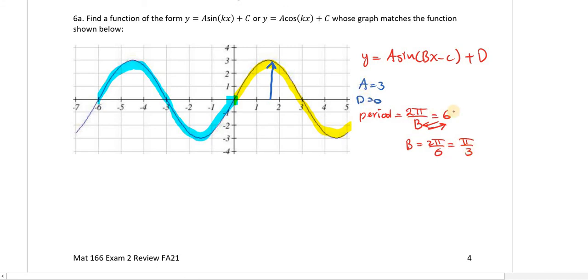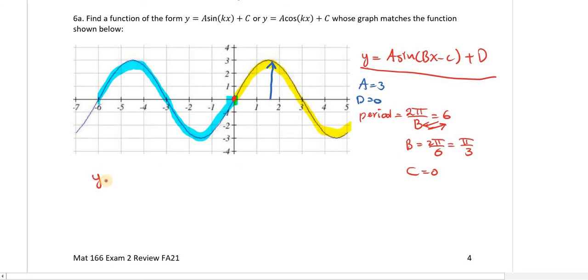I have a, b, I need c. Notice how the graph didn't move to the right or to the left, because I can recognize that this point is at the origin and it's a start point here. So c is equal to 0 because the graph of the function doesn't have a phase shift or a horizontal shift. Now I'm going to plug everything into this equation.